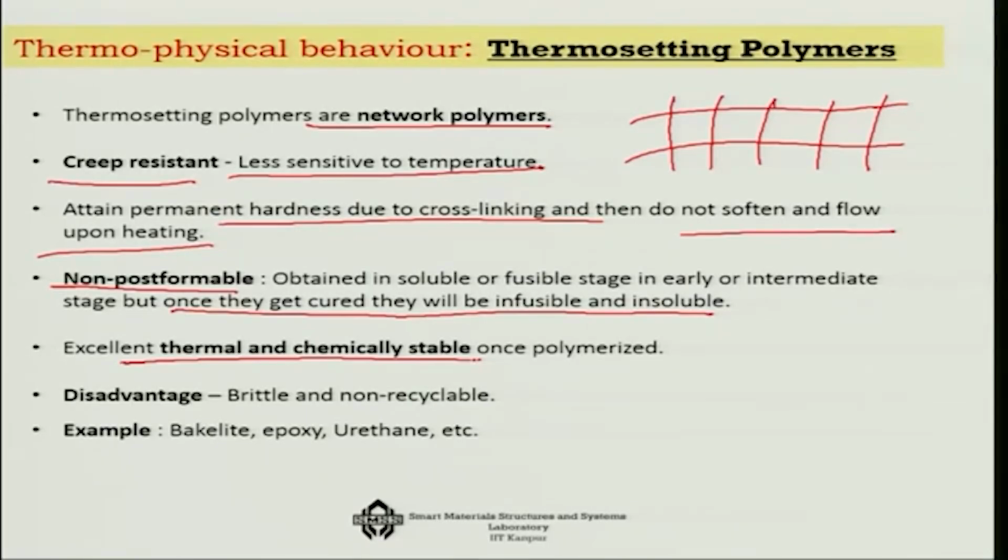The mechanical disadvantage is that they are brittle and non-recyclable. That is the flip side of it. The examples are bakelite, epoxies, urethane. Urethane is like the foams that you use in your sofa, for example. These are polyurethanes, PU foams. PU foam is a very common name, and it is used in your sofas, etc. So those are the thermosetting polymers.